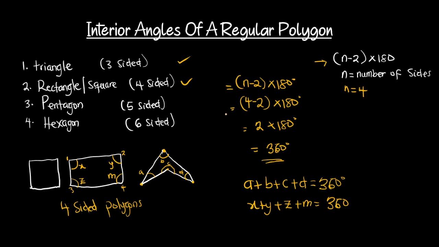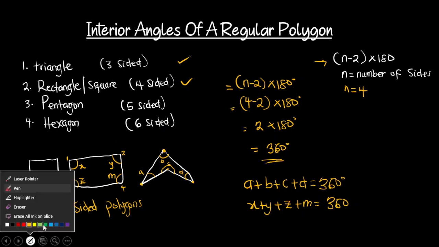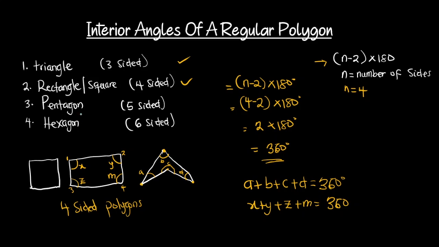So we do the same thing for pentagon and then the same thing for hexagon as well. We just use this formula for that. So let me quickly do that for the pentagon here. So for the pentagon, it is 5-sided. So in that case, our n will be equal to 5. Now, since n is equal to 5, our formula becomes n minus 2 multiplied by 180.